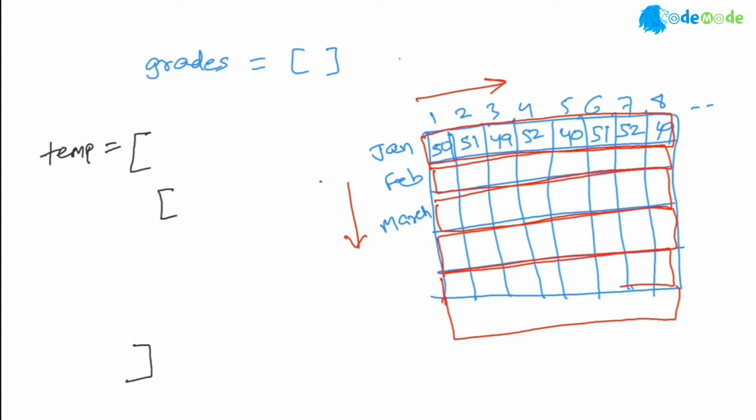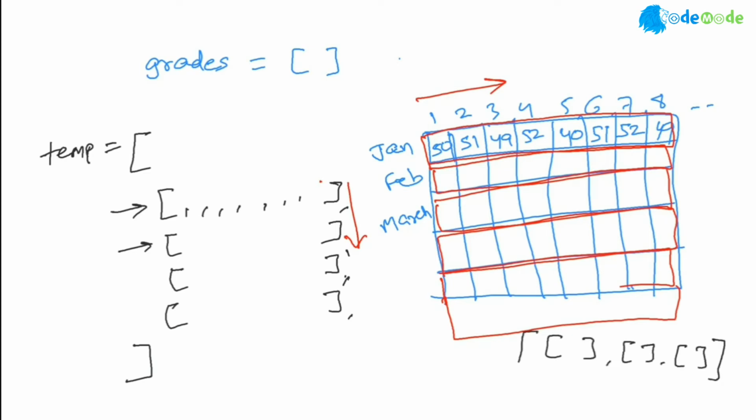Within this, I'll create one list, comma, second list, comma, third list, comma, right? So you can see a big list, and each list is for 1 month. And within that, you have 30 entries. So a list can also have a list.